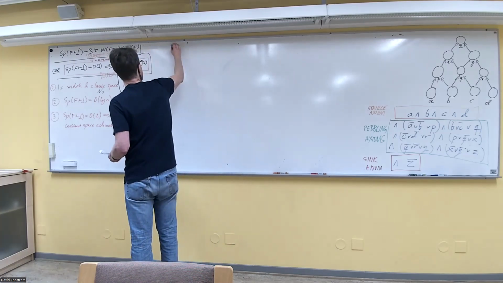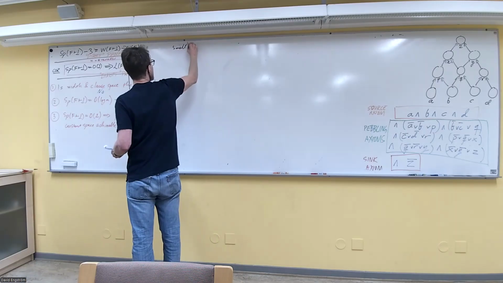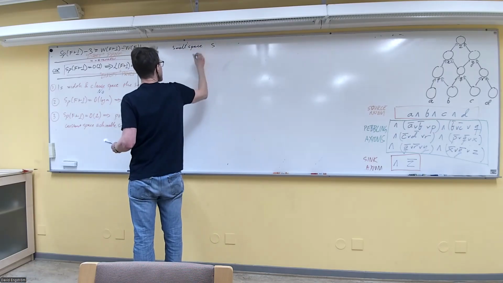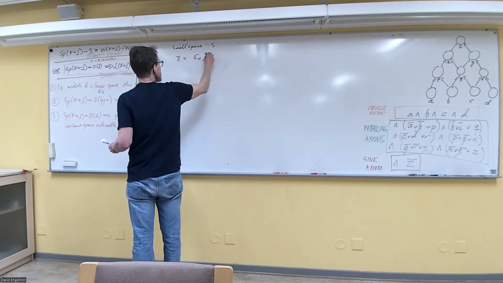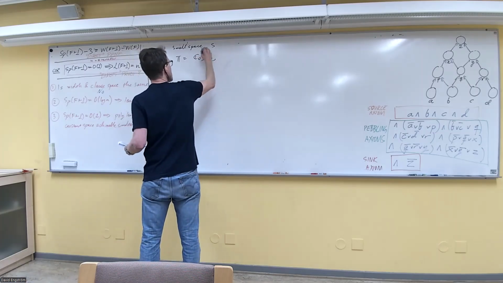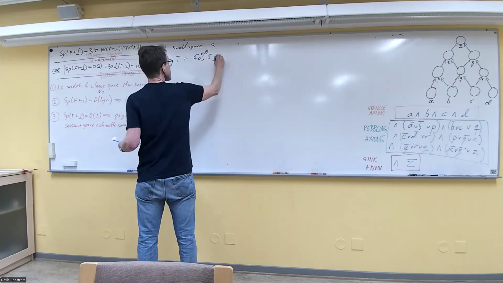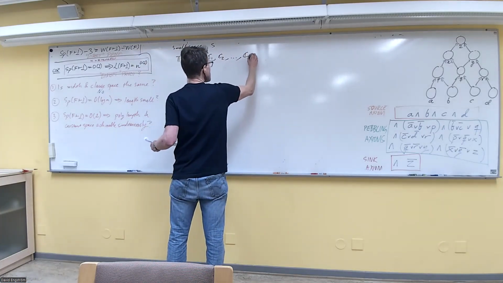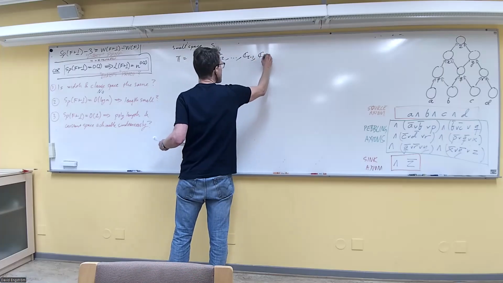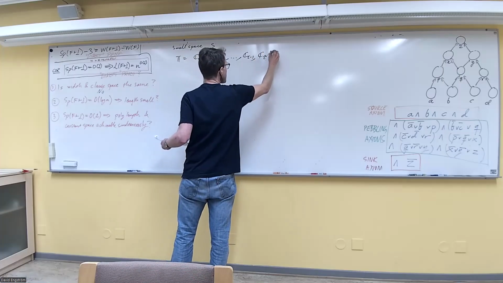So here is small space, closed space S. Here is the refutation: C0, C1, C2, up to C_{tau-1}, C_tau, which contains the contradiction.